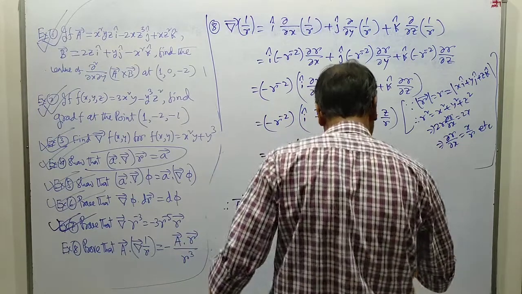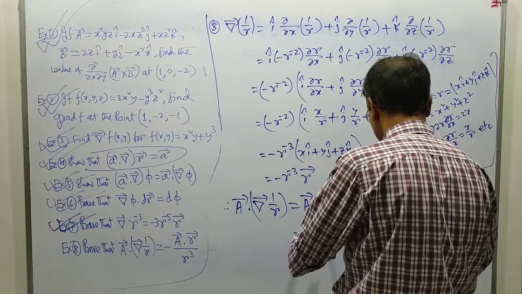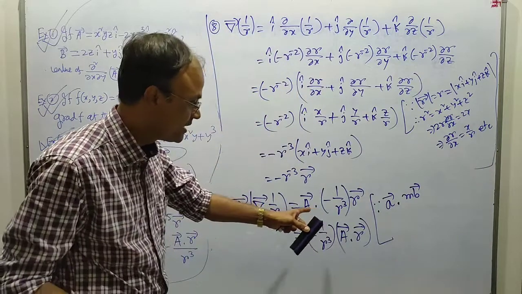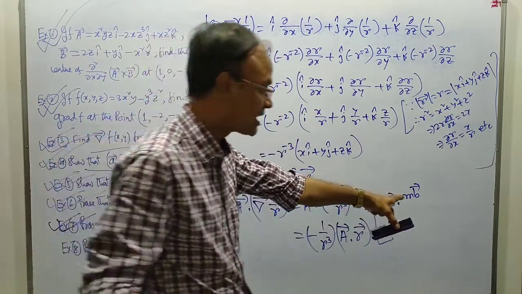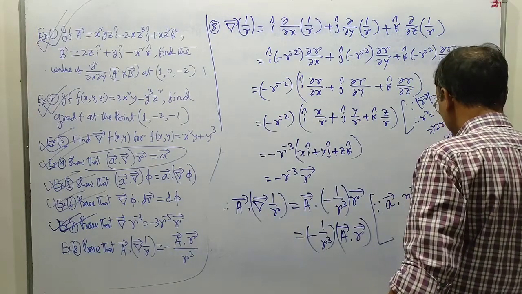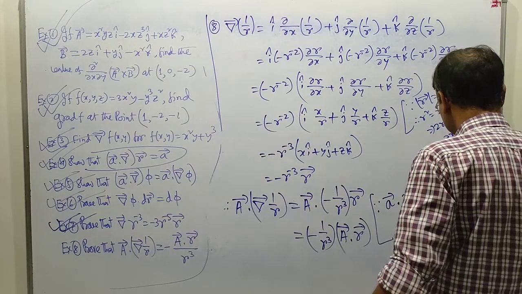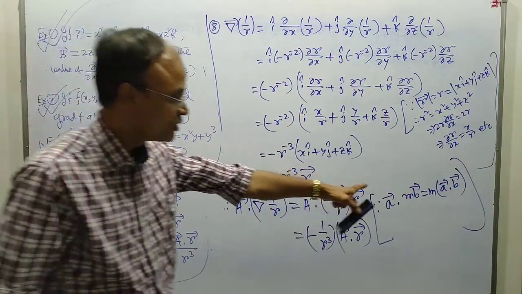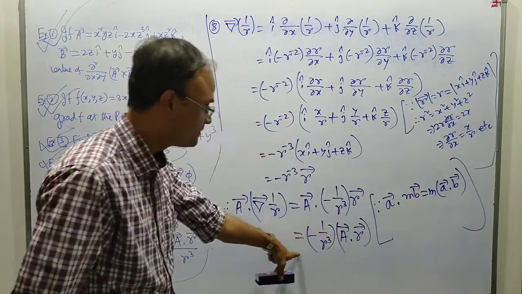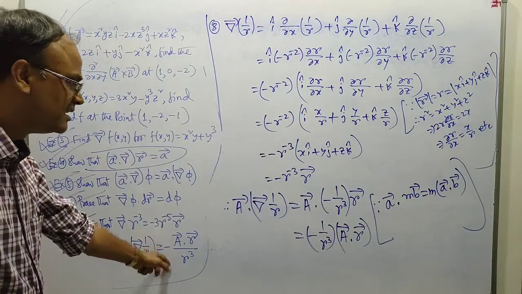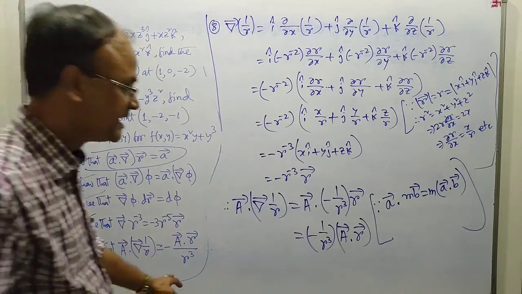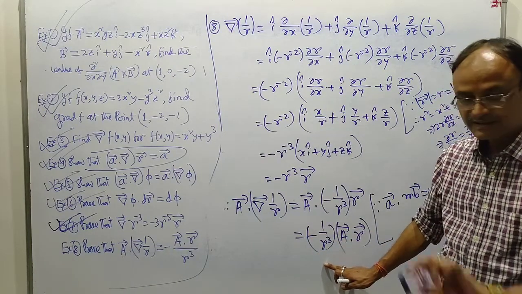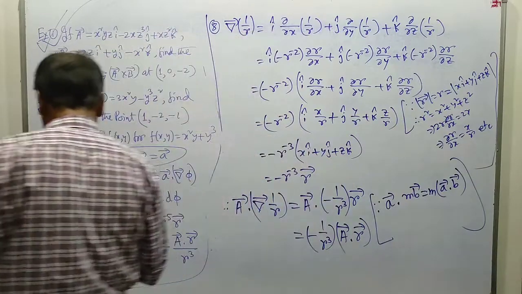You may write in this way, because A vector dot m b vector, where m is a scalar and a vector, b vector are vectors, then m can be taken outside. From vector algebra we have this, and we have applied it here. It is nothing but this one, proved. It has been proved. 8 has also been proved.